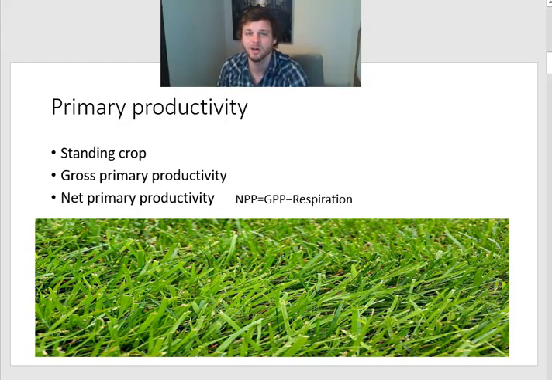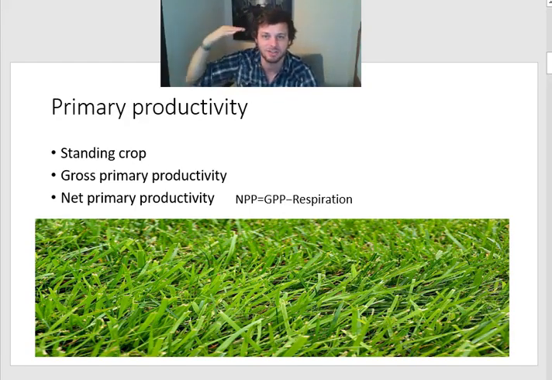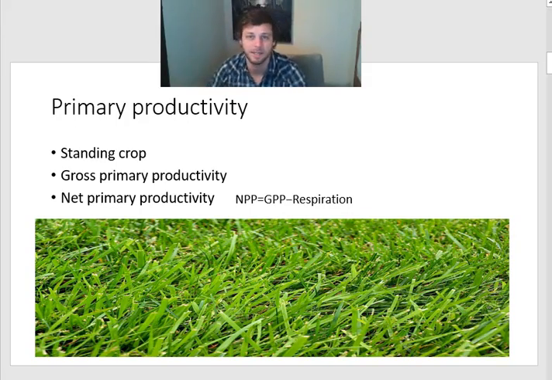So how good are plants at photosynthesis? We talked last time about how much sun energy actually makes it down to Earth. And we're like, well, it depends, because a third of it gets reflected off by the atmosphere. It depends on what the surface is, so it could either get reflected off or absorbed.